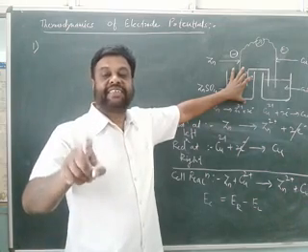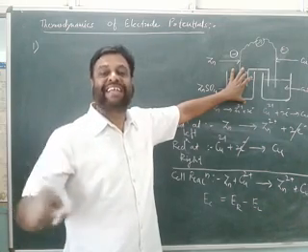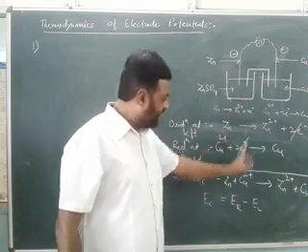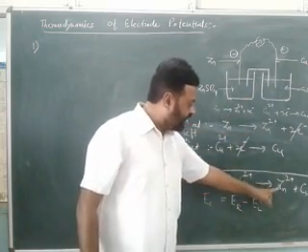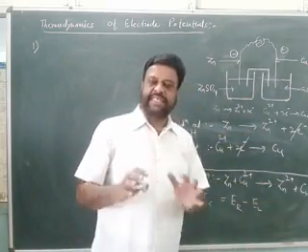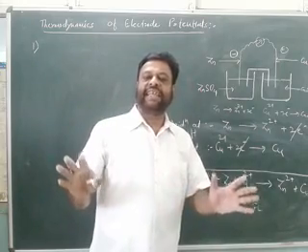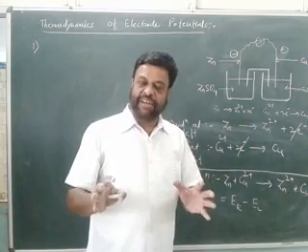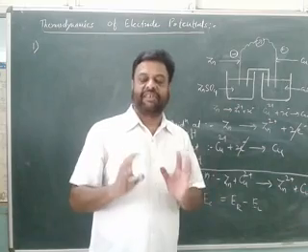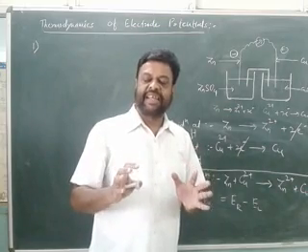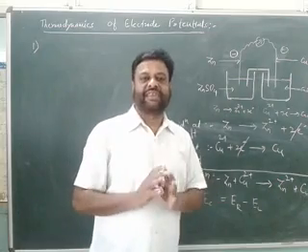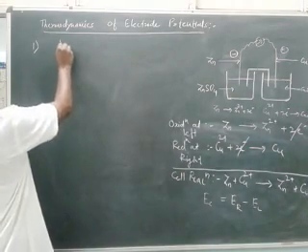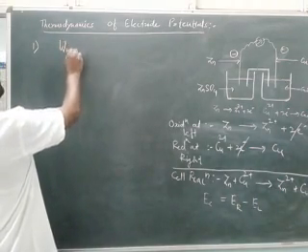Because the cell reaction is not at equilibrium state. In this Daniell cell, Zn plus Cu2+ gives rise to Zn2+ plus Cu. This reaction is not at equilibrium state, then the electrochemical cell produces the work, or the cell does the work. All of clear? So this work, that is W max.